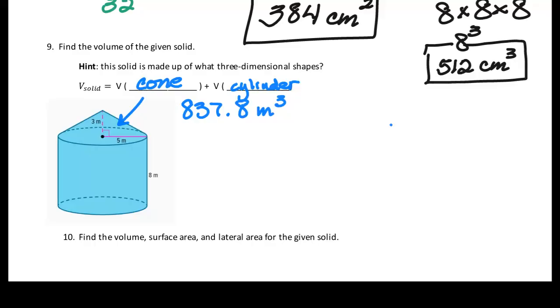The volume of a cone, as I look it up, is 1/3 pi r squared times h, plus a cylinder is pi r squared times h.